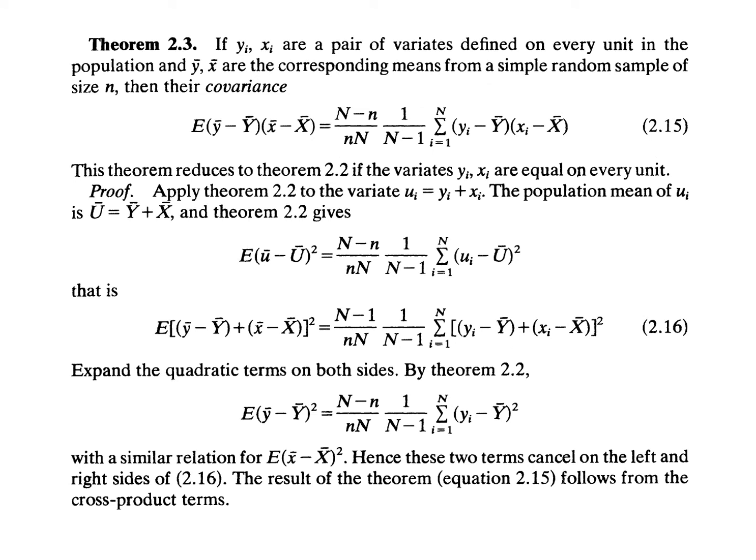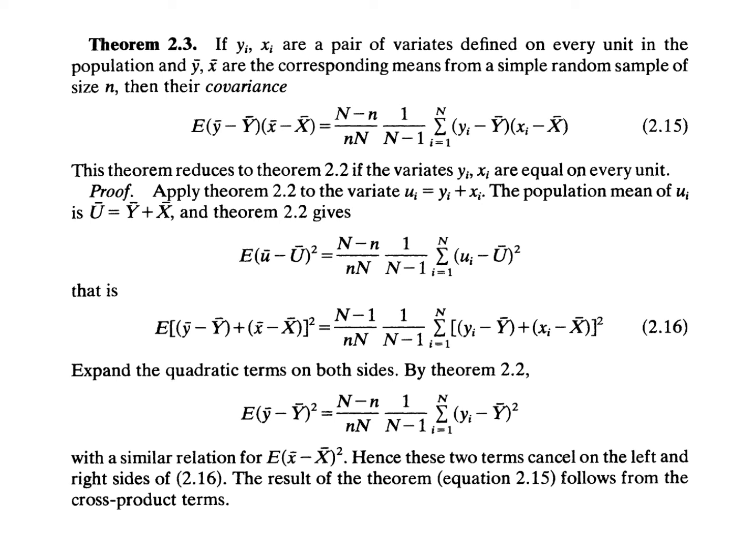Theorem 2.3. yi and xi are a pair of variables defined on every unit in the population, and y bar and x bar are the corresponding means for a simple random sample of size n.